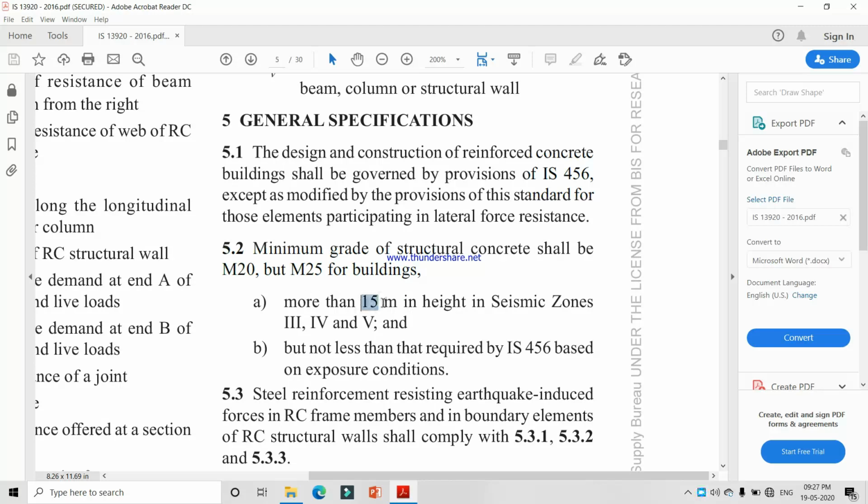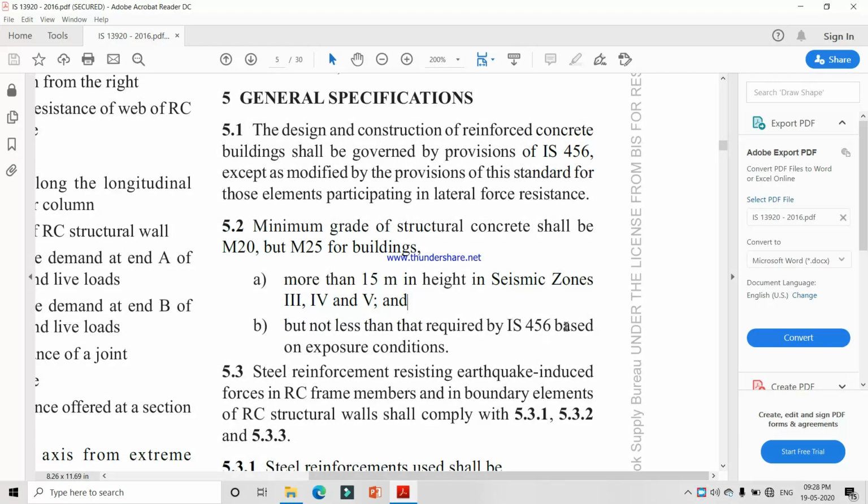If the height of the building is more than 15 meters in the seismic zone, we have to provide additional ductility for zone 3, zone 4 and zone 5, but not less than the requirement of IS 456 based on exposure condition. Exposure condition is given in IS 456 Table 18.